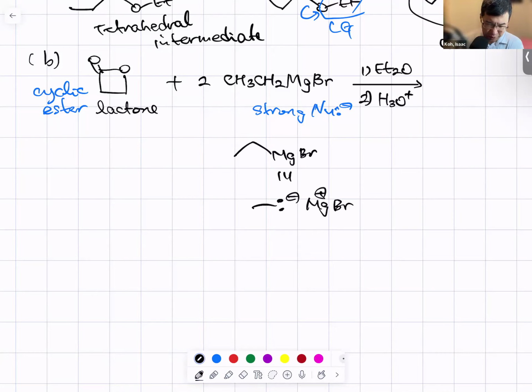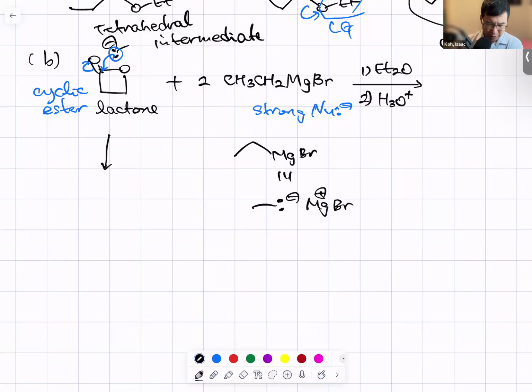Then this nucleophile uses the lone pair, offers it to the carbonyl carbon, and pushes up the pi bond to this oxygen. This is not equilibrium because the Grignard reagent is such a strong nucleophile. This is one side only.